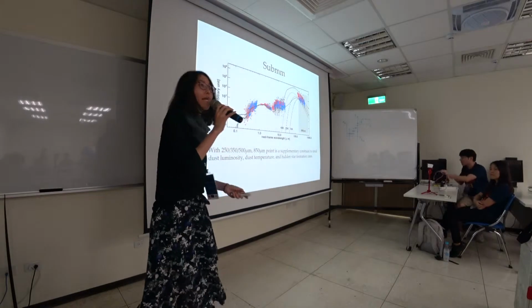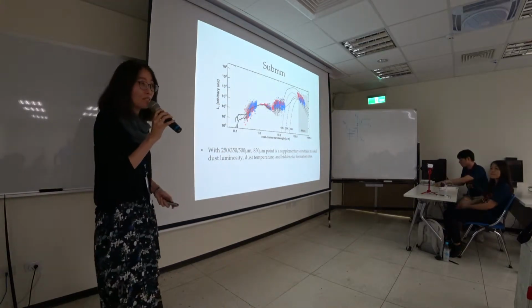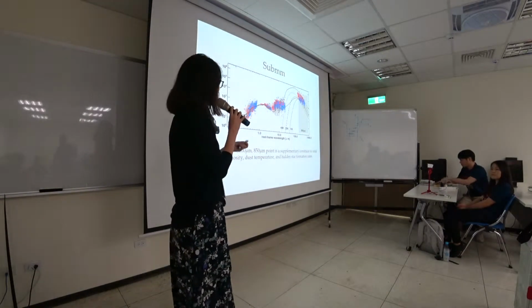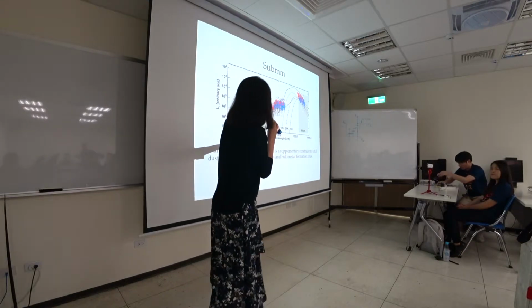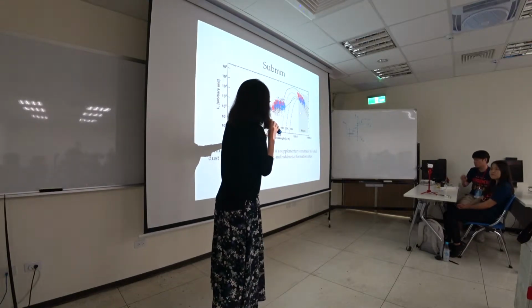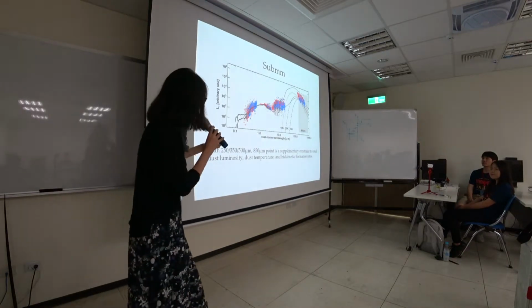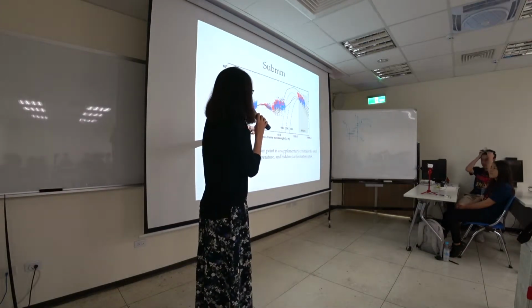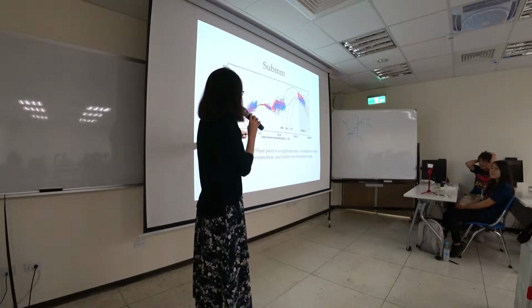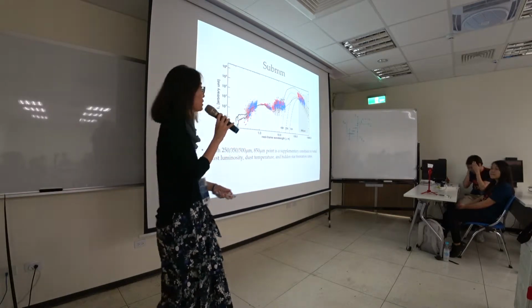The purpose of getting 850 micron in submillimeter is to add far infrared data points, in addition to the Herschel sources and the AKARI mid-infrared data points.